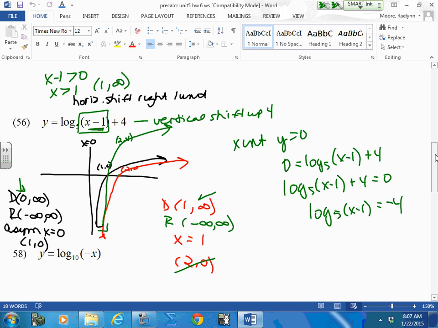If you have trouble flipping this, again, don't forget log equals exponent. This will help you flip it. 5 to the negative 4 equals x minus 1. You're going to add 1, so 1 plus 5 to the negative 4. This causes a fraction, a reciprocal, not a negative. 1 over 5 to the 4th, which is a very small number, plus 1. So if you put it in your calculator, you will find that it's slightly bigger than 1. A little tiny bit larger than 1.